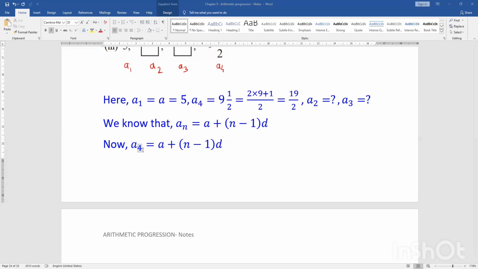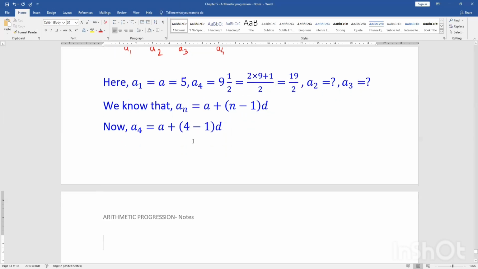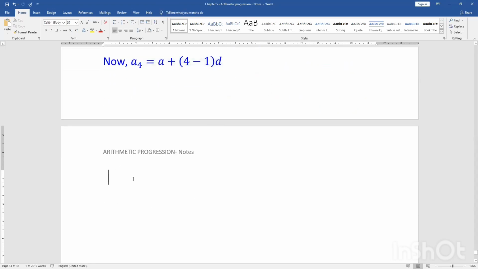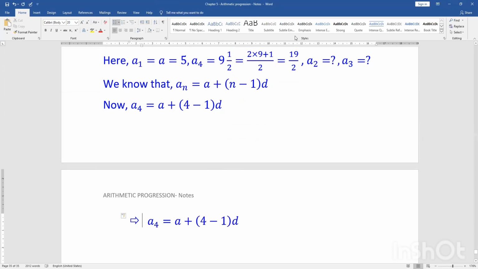A4 is equal to a plus 4 minus 1 into d. Then in the next step, what is A4 value? A4 value is 19 by 2. I copy the same formula just for substitution purposes.